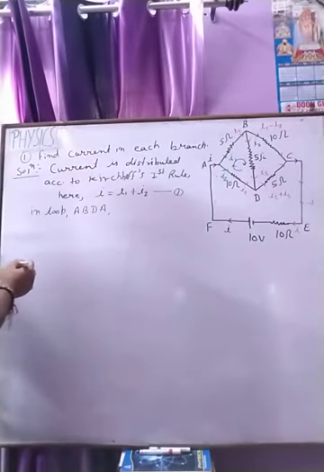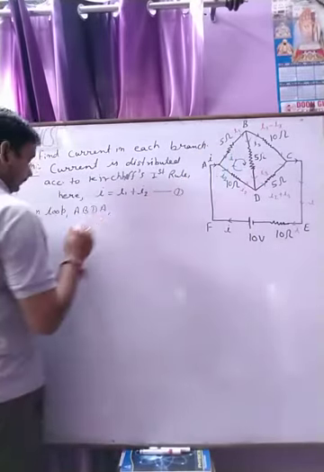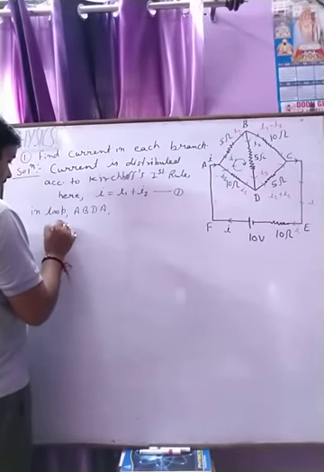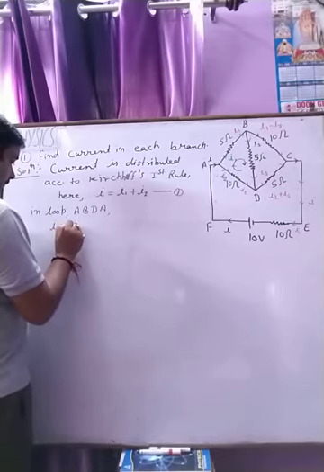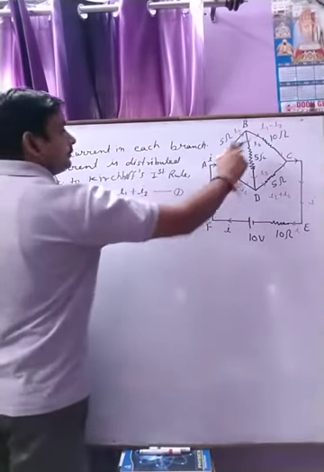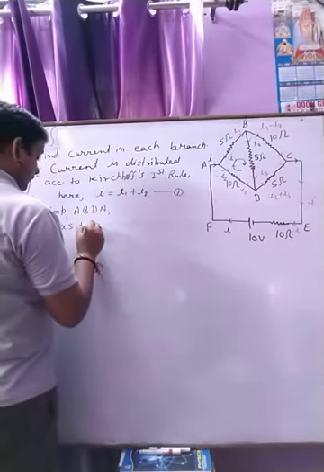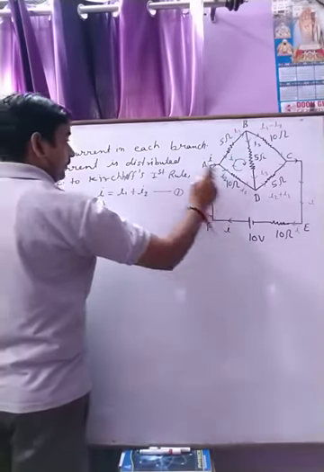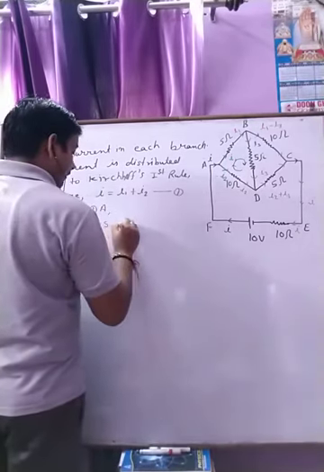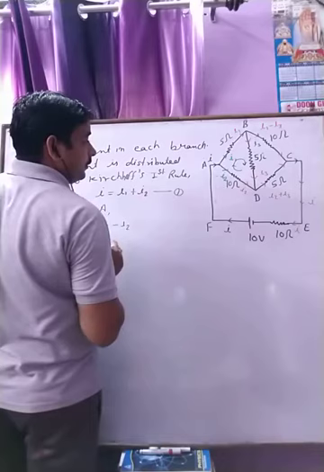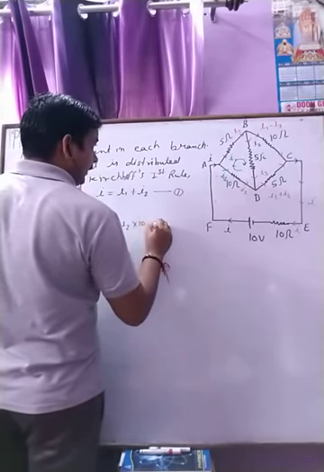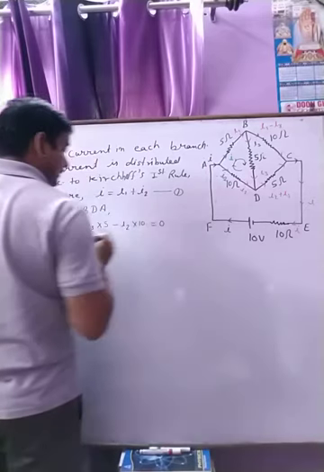Therefore I1 into 5 plus I3 into 5 and minus I2 into 10, and we reached at A, so it is 0.